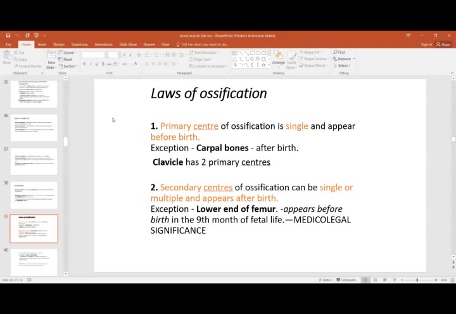If the secondary center has appeared in the lower end of the femur, then they know it is a 9 month baby and would have survived if born. So it might be a case of whether it is really a stillborn or has been murdered after birth. That is the importance of this secondary center, a medico-legal significance.